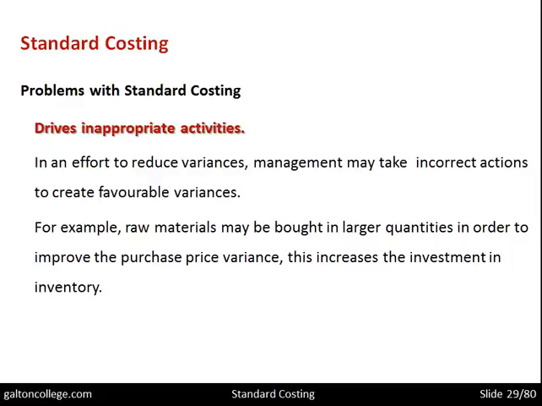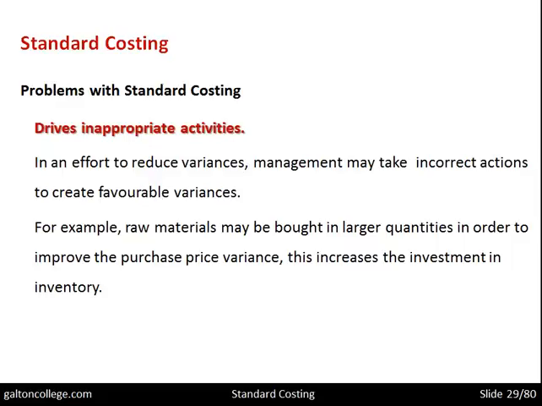So it's an inappropriate decision. On the one hand, it brings down the variances. It brings actual costs more in line with the estimated costs, with the standard costs. But on the other hand, it means the company now has a lot more inventory to finance.